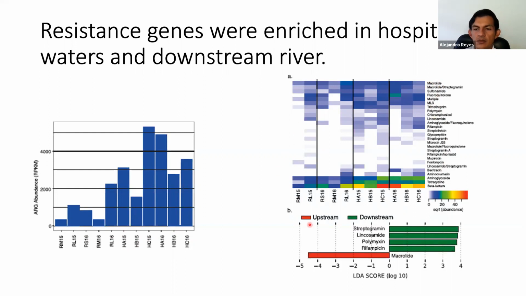It is known that we can find resistance upstream in pristine waters, and this is based on the natural resistance present in the different microorganisms. But the resistance found downstream is mainly based on resistance genes that can be easily transferred between the different organisms. So this is very important for further studies.